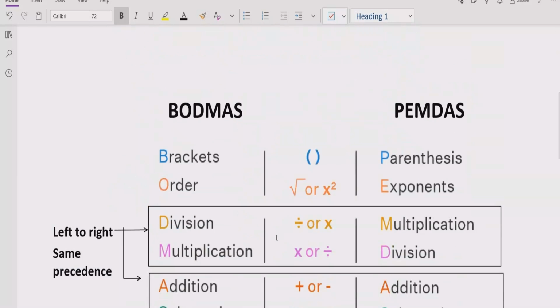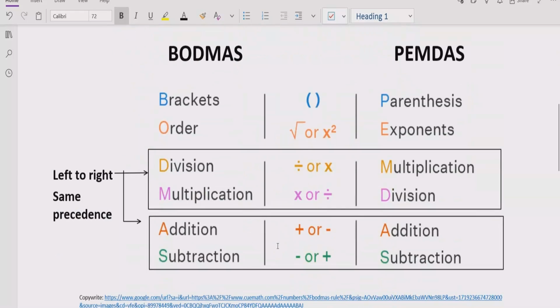Okay, now let's recall what the BODMAS and PEMDAS rule is. As you can see on the screen, B is the bracket in BODMAS and P is the parenthesis. It means that if your expression contains any bracket or parenthesis, you have to solve that part first. After that, you have to look at the exponent or power, and if you have any power, you solve it after the bracket.